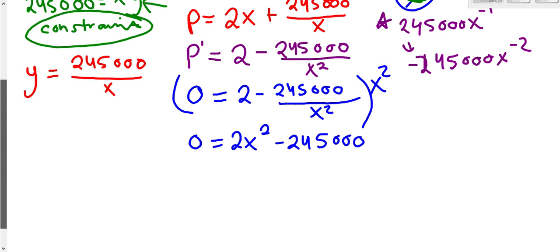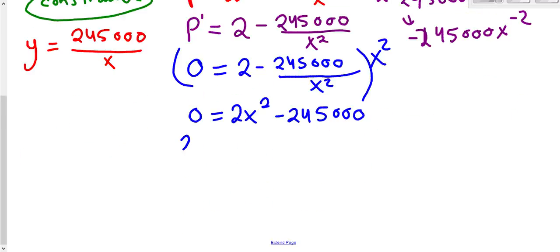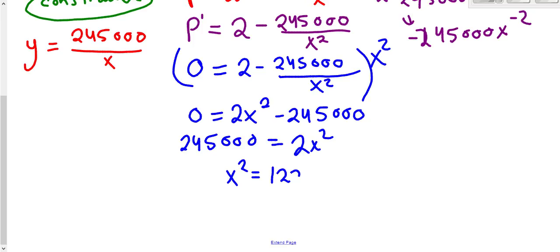This we can solve for x. Add 245,000. Divide by 2. And we have x squared equals 122,500. Put that in your calculator.